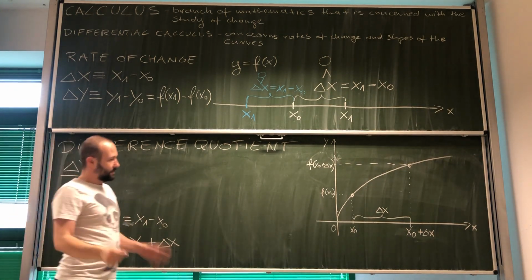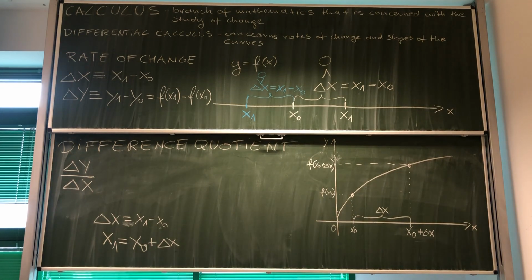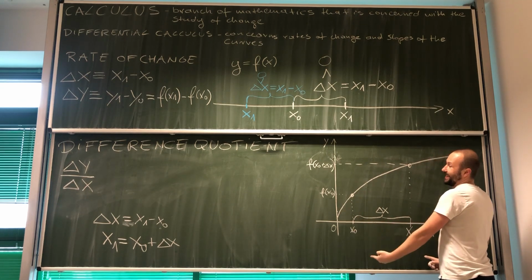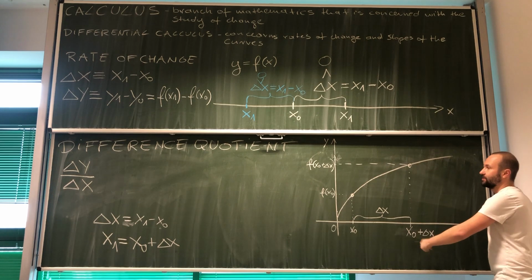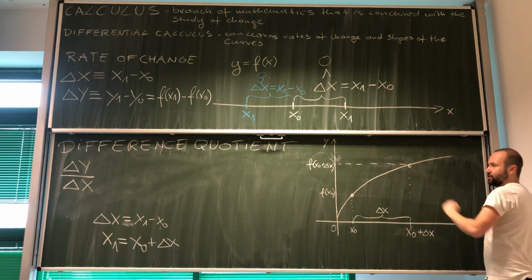Okay. What other things can we say? We can see over here, look, this distance we know is delta x, by how much x has changed. But look, when x has changed, as a result f of x has changed, so y has changed.